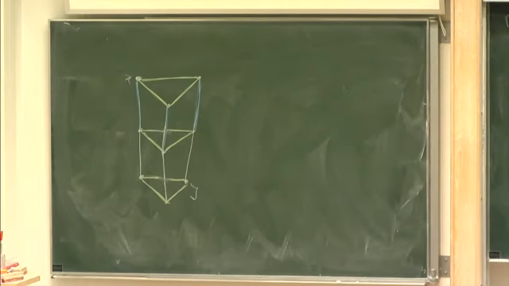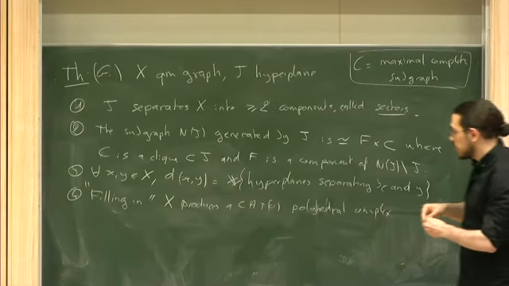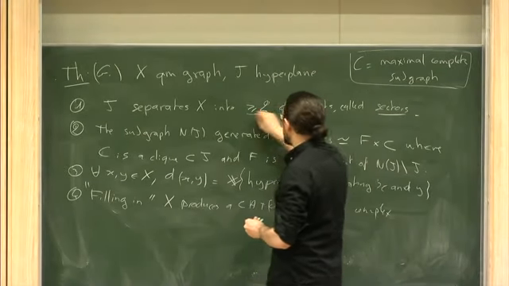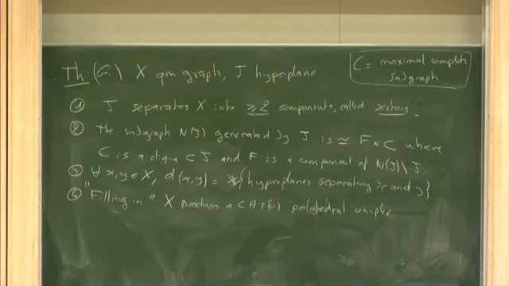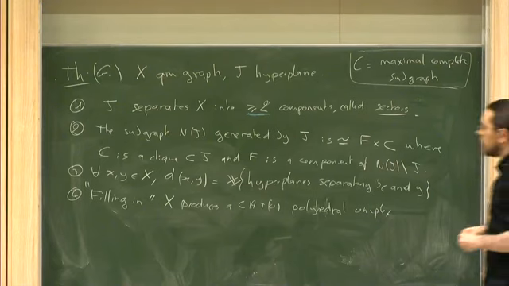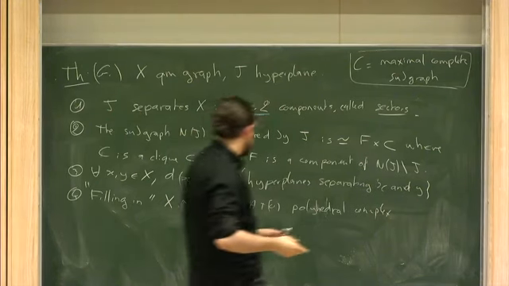And the interesting point is that this statement holds almost word for word for CAT(0) cube complexes. The only difference is that a hyperplane separates into at least 2 connected components, and maybe more. For instance, the green hyperplane separates into 3 components, and this is essentially the only difference.